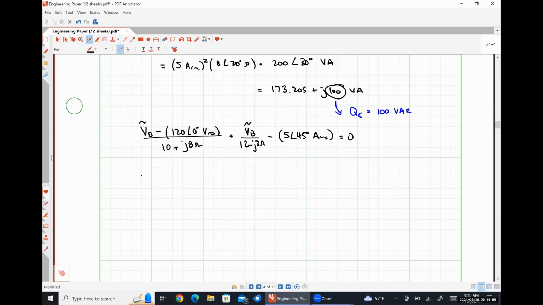So I would have VB times a factor of 1 over 10 plus J8 ohms plus 1 over 12 minus J3 ohms is equal to 120 angle 0 degrees volts over 10 plus J8 plus 5 angle 45 degrees.